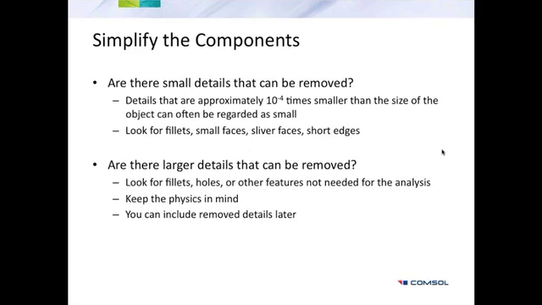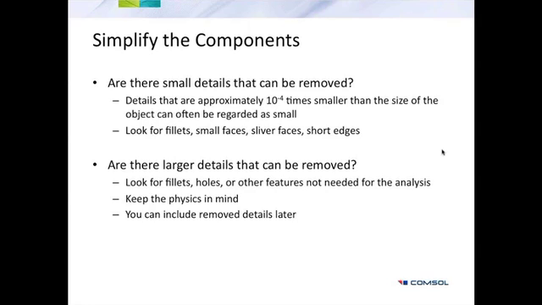Then of course, you might also look at components in general. Can you remove some details of the components? This is always a difficult part of your simulation, because it's often hard to say what is necessary or not necessary.